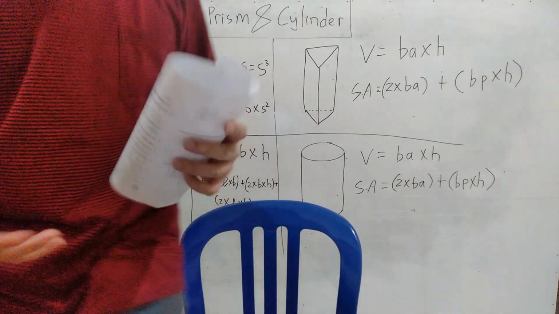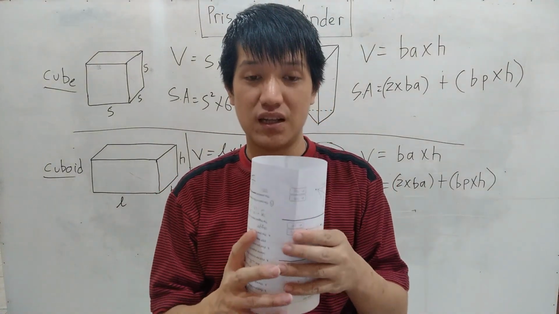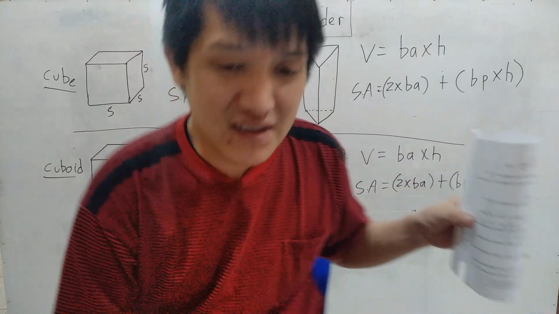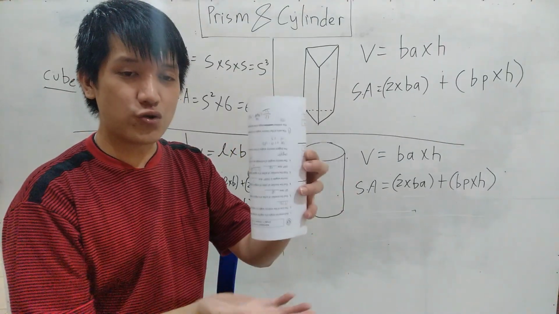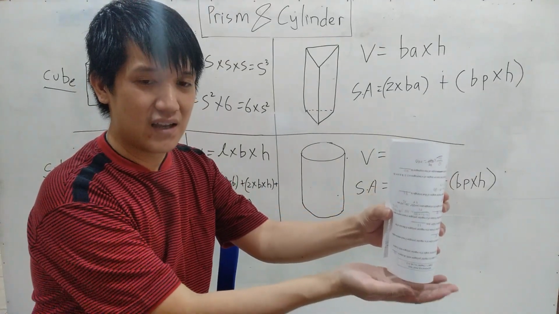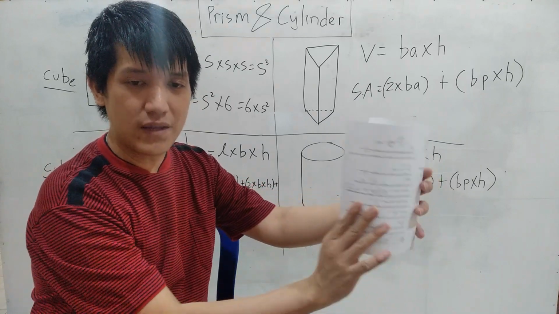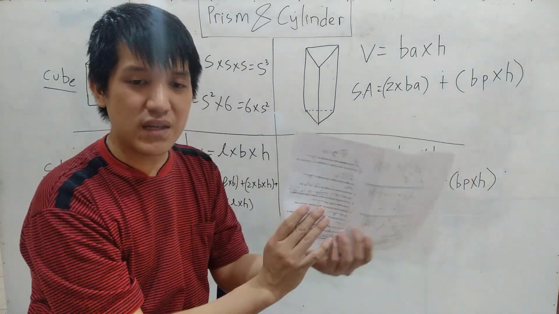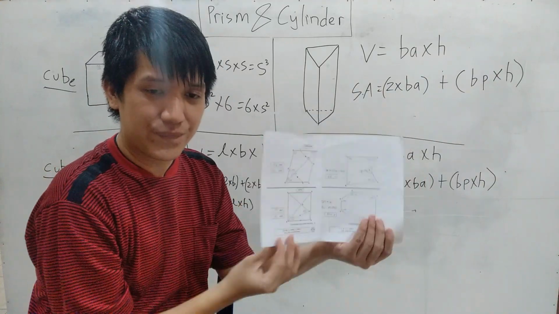Okay, to end up today's lesson, I will show you, let's pretend that this is the cylinder that I had here, right? So as I told you, the base and the top are the same, but when we open it, it will be a rectangle, right?